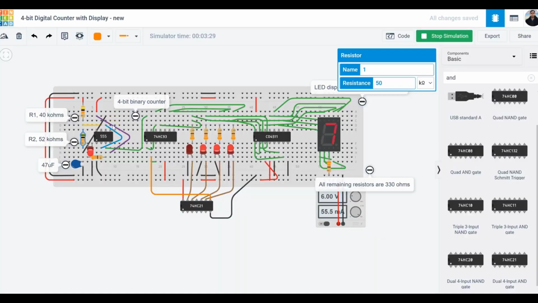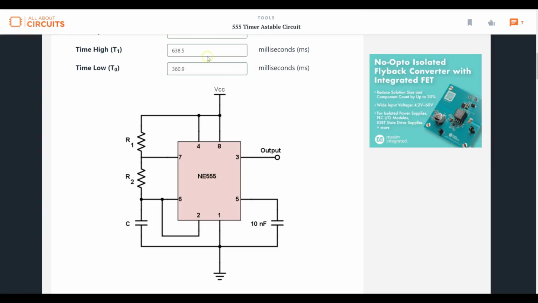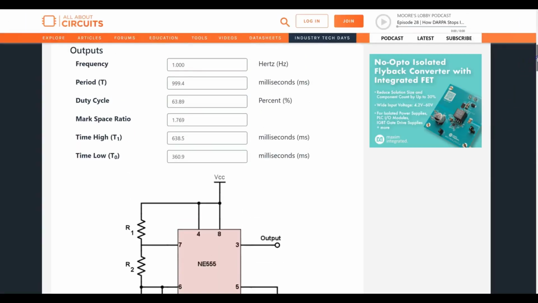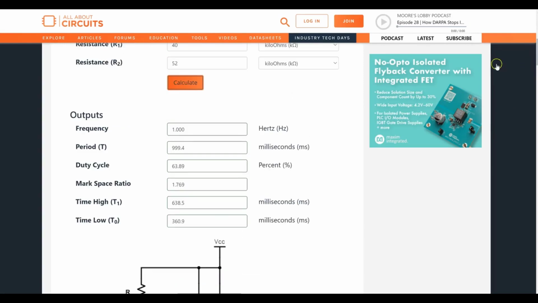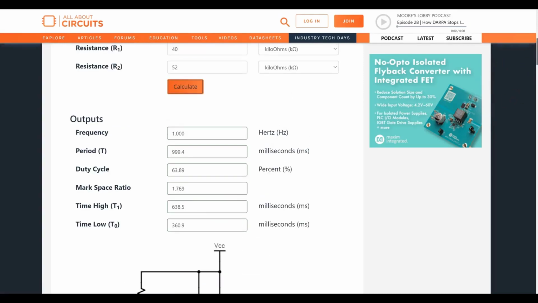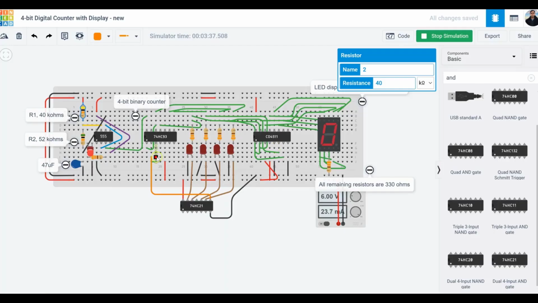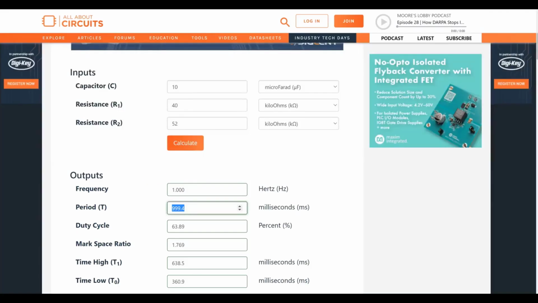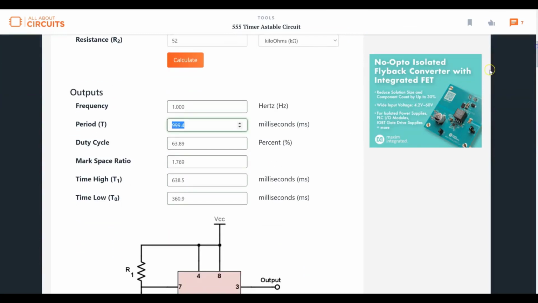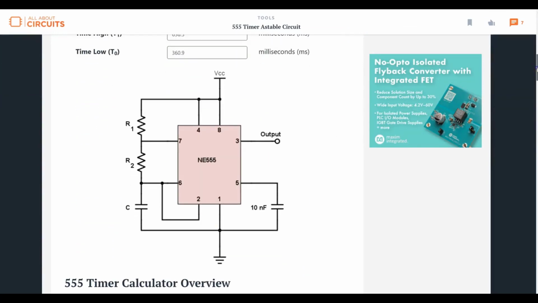If you wish to do that, you can also do that, but in this case we're simply not going to. So 40 kilo ohms, again, these are not just random values. We did the math using the calculator here. Well, All About Circuits did the math for us. We just wanted to make sure that we get this value close to 1000, and which it is. Remember, getting a 50% duty cycle is going to be extremely difficult with a circuit like this.